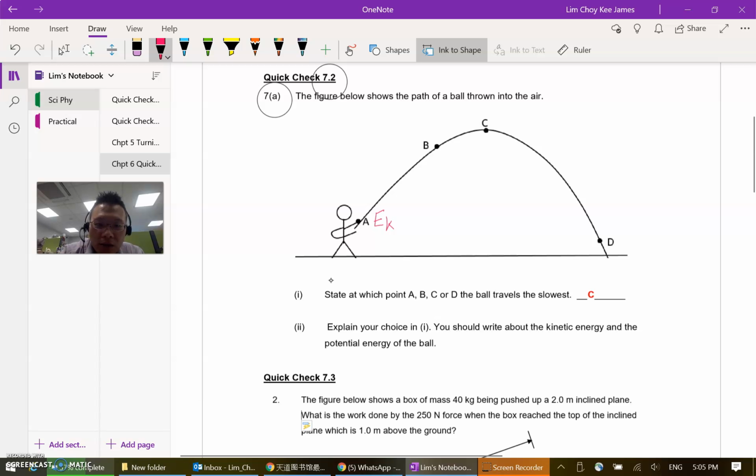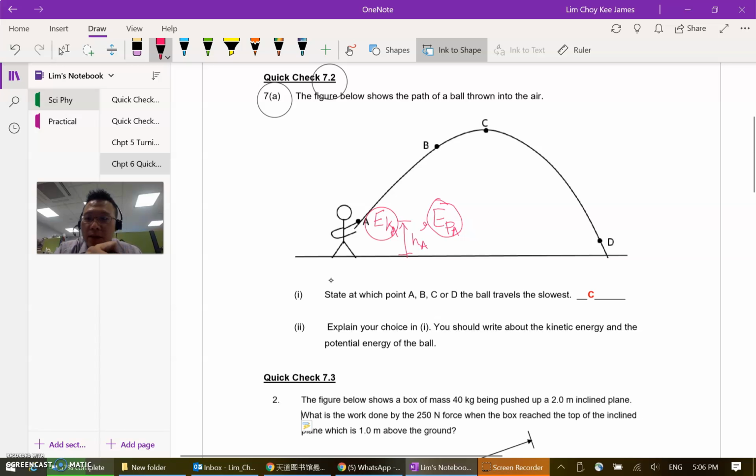I call it HA, the vertical height above the ground. Because of the vertical height, the ball at position A possesses what we call potential energy. So at position A, the ball possesses two types of energy, which are EK at A and EP at A. So we have these two energies that we are looking out for.